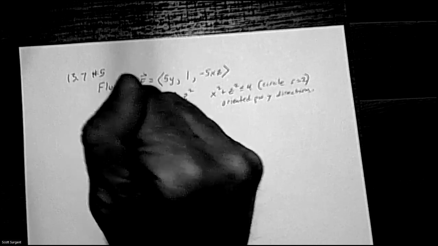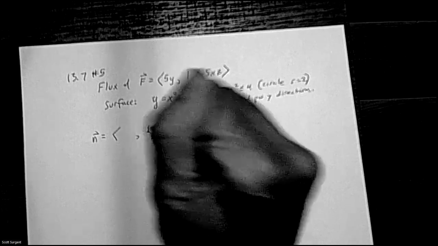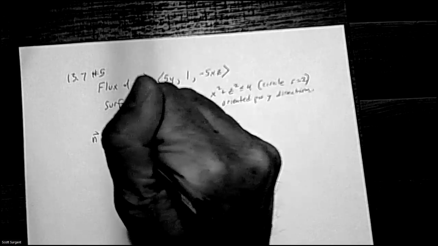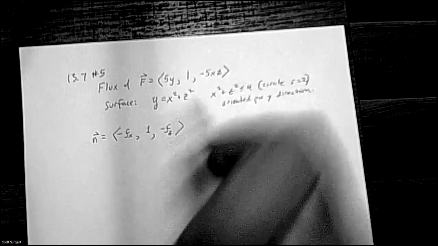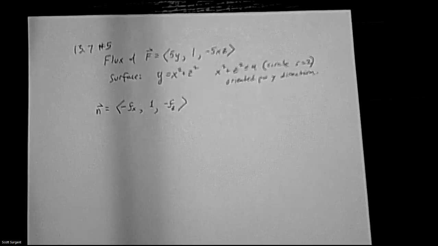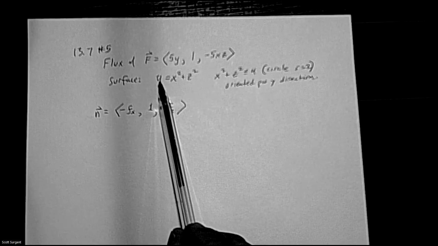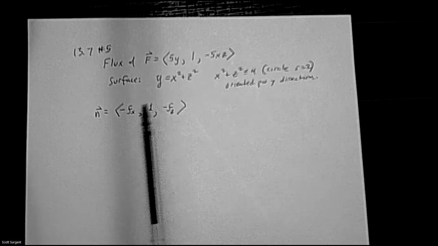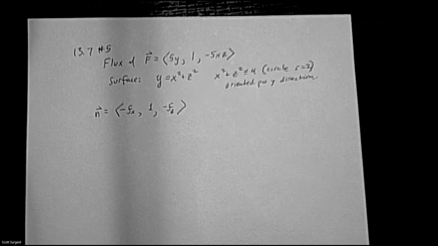In this case, we want to keep the y component positive 1, so it's going to be negative f sub x and negative f sub z. This is for cases when we have an explicitly defined surface, meaning one of the variables is isolated. I have this in my notes; it takes a while to explain. You can work it out with cross products, but you'll always end up getting this feature.